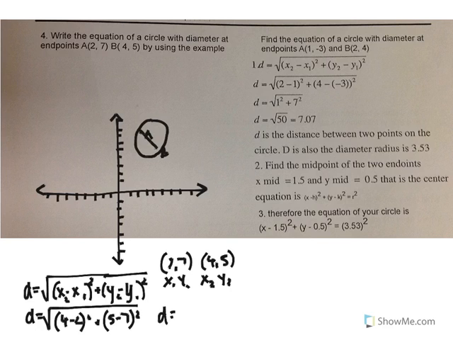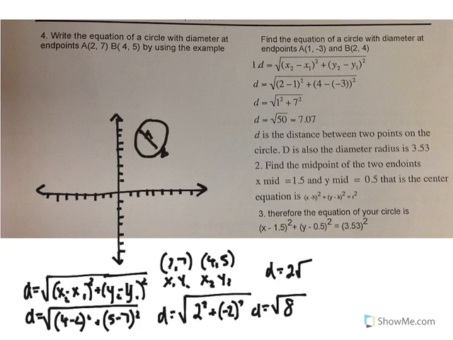So the distance between points A and B, or the diameter, is going to be 2 times the radical 2.